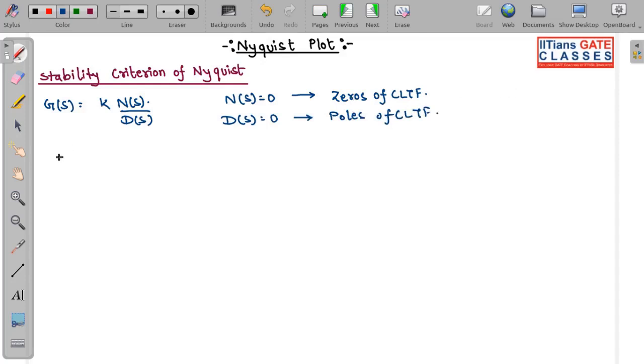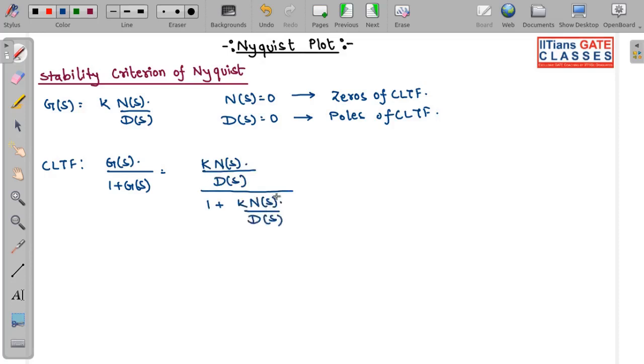Now if we write the closed loop transfer function, so this was open loop, so the closed loop transfer function will be G(s) divided by 1 plus G(s). So if we do that, this will be K N(s) by D(s) over 1 plus K N(s) by D(s). Okay, so if we solve this, this will become K N(s) divided by D(s) plus K N(s). Okay, this we will get.